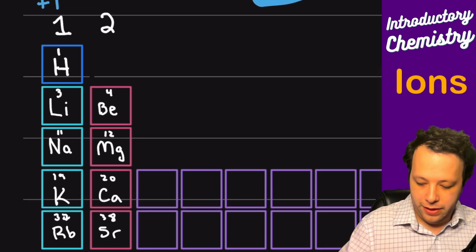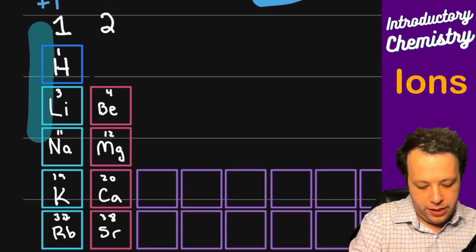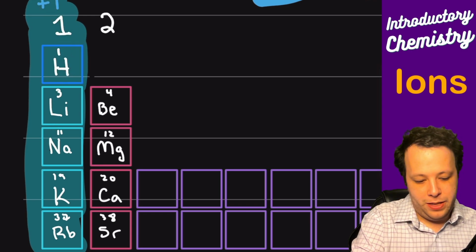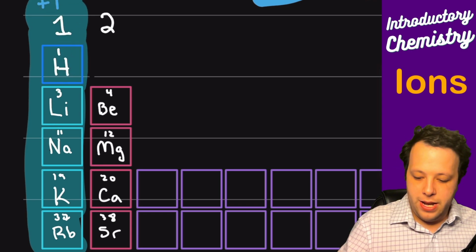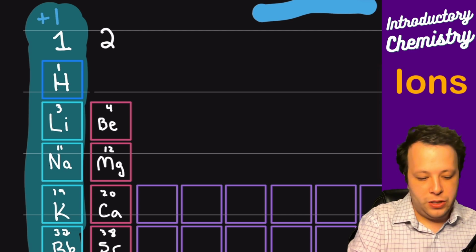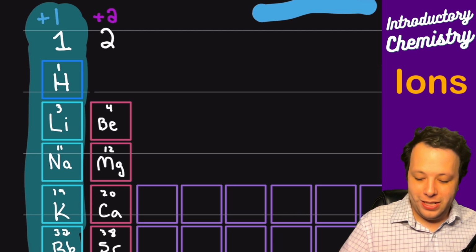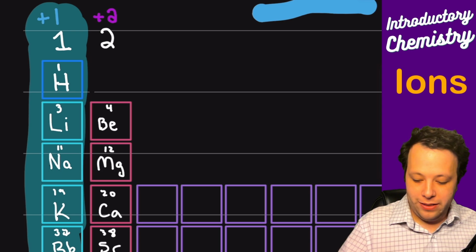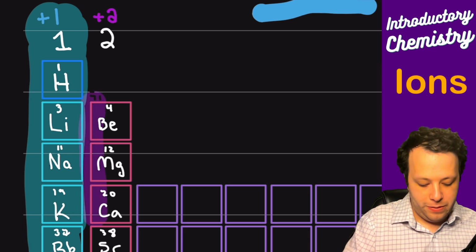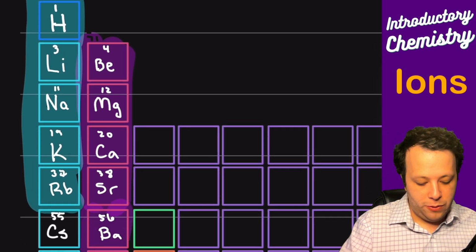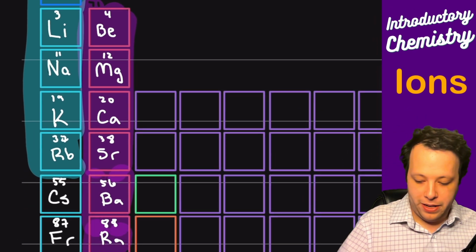Okay, so being that that's blue, we can highlight that the entire column is going to be +1. Now, when it comes to the next one, which is +2, the next column, it's the same general idea. This whole entire column is going to have a tendency to be +2. And that goes all the way down to the bottom too, even though I stopped the highlighting.